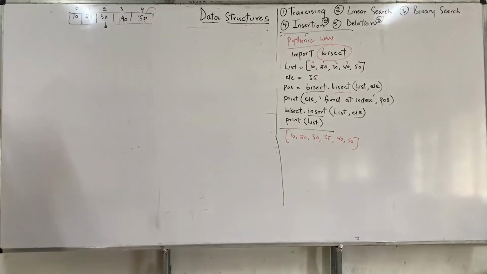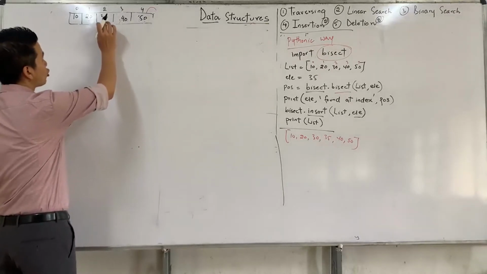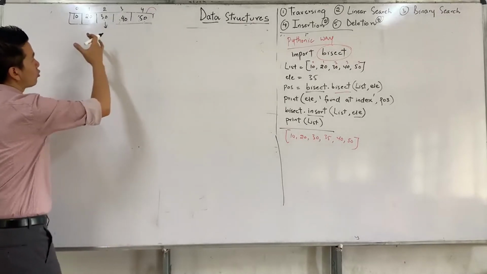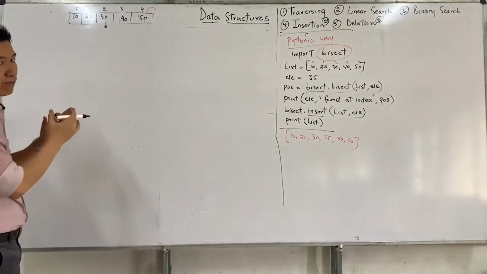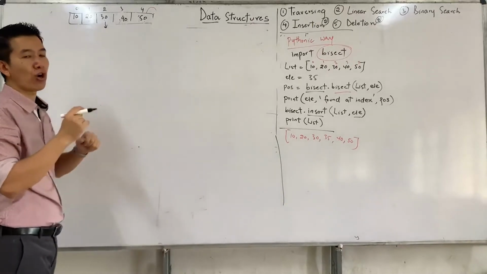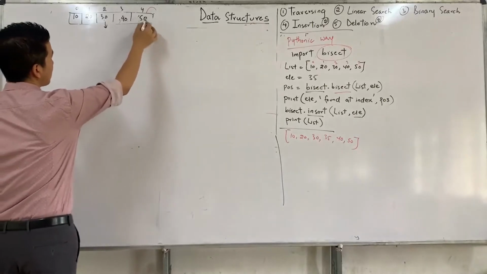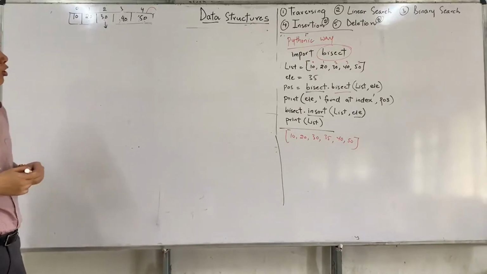I hope you have understood the logic of the program. First, I need to get the position of the element to be deleted, and then carry on with the shifting of elements towards the left, and then finally we need to get rid of the last. 40 will be copied here, 50 will be copied here, and this has to be off the list. So this will be the logic.